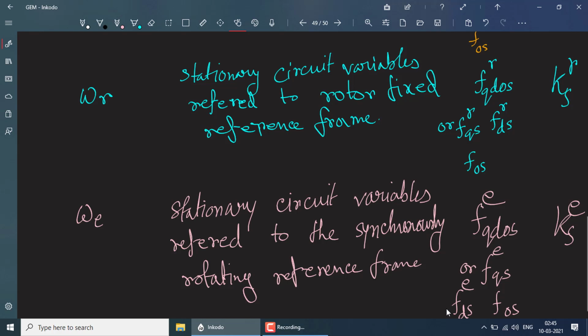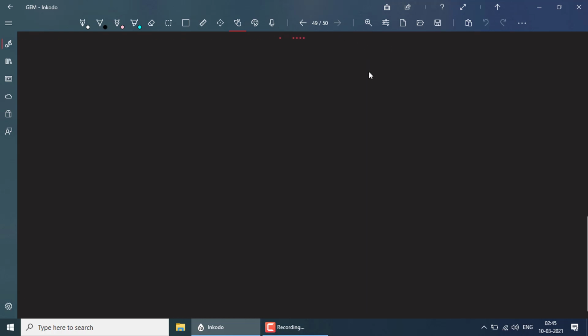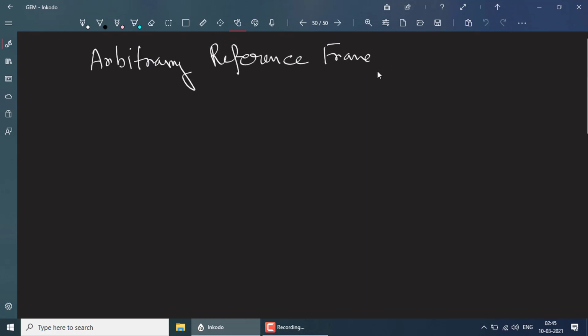This transformation of a stationary circuit to a stationary reference frame was developed by E.S. Clarke, and he coined the famous Clarke transformation.